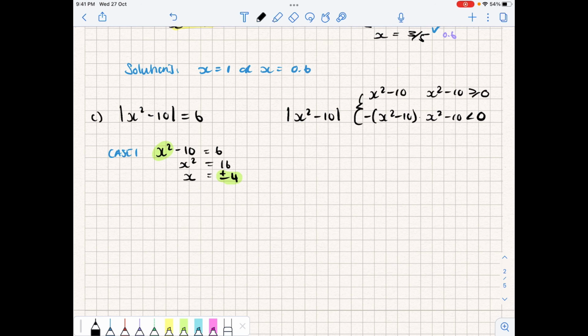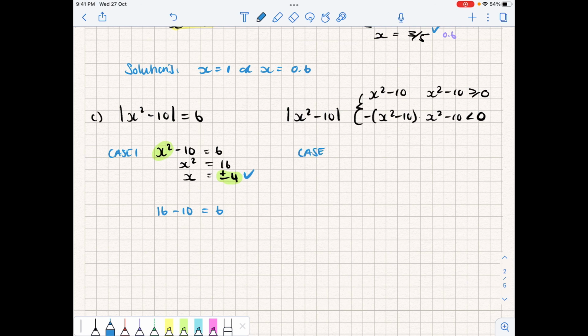Whether you square 4 or negative 4, you always get 16. 16 minus 10 is equal to 6, and so both our solutions are correct.